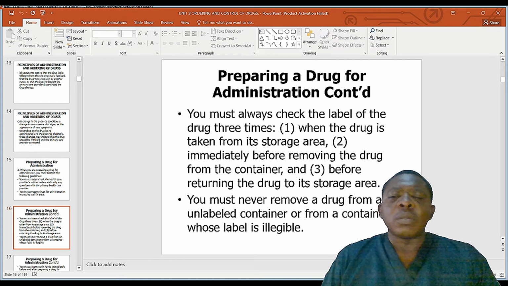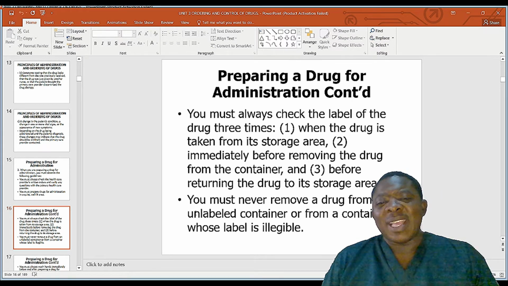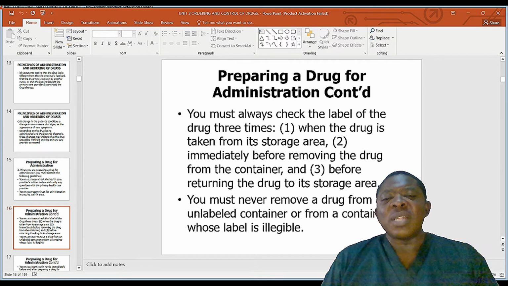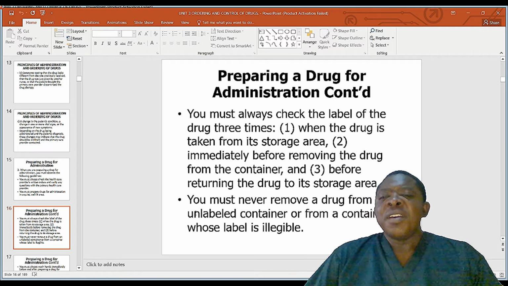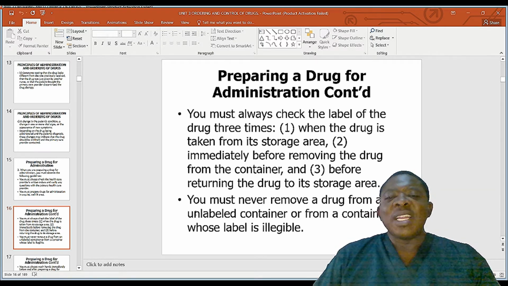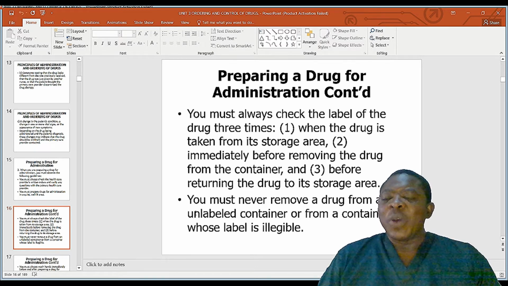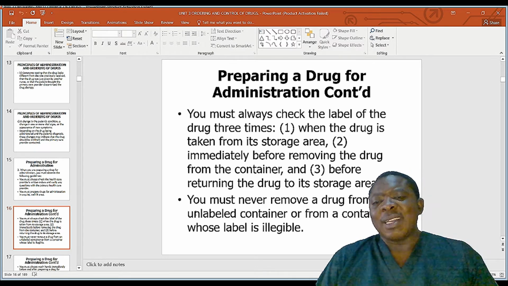It also goes for things like, this tablet looks like this drug, so it must be this drug. Such is not allowed in pharmacological practice. So you must never remove a drug from an unlabeled container. If it is not labeled, in pharmacology we are saying that it has to be discarded.